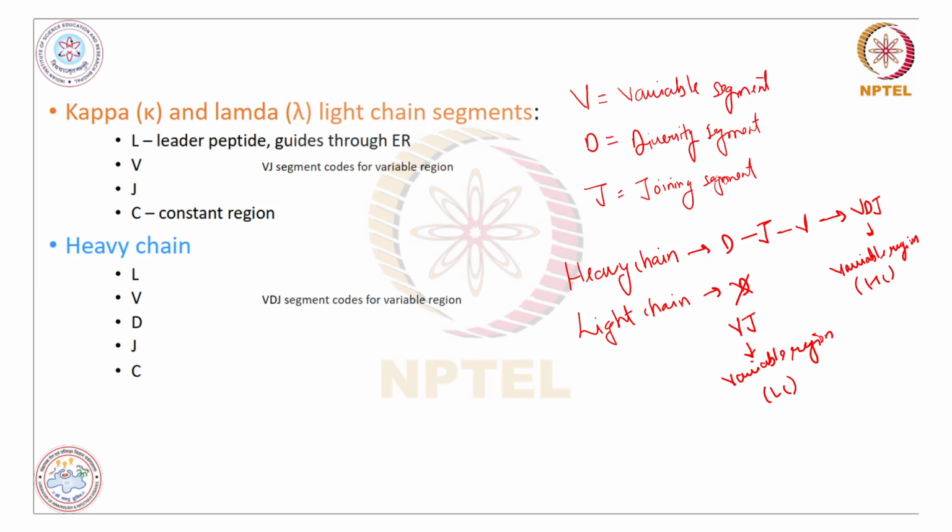So this is the basic mechanism of why we have these different combinations for heavy chain and light chain.